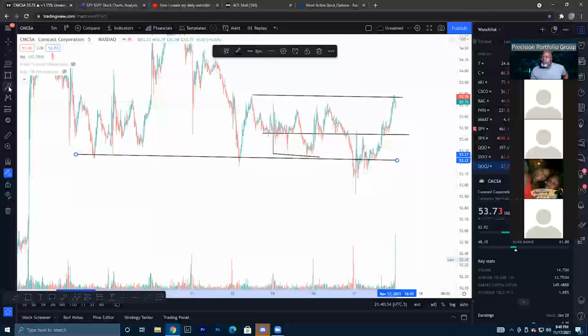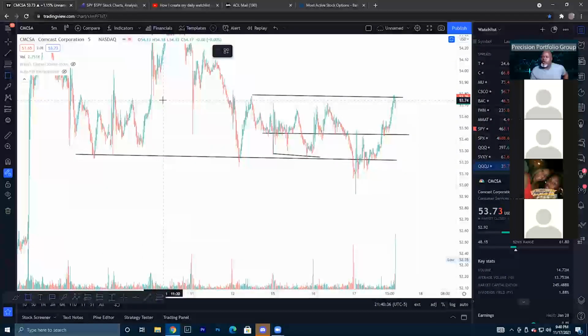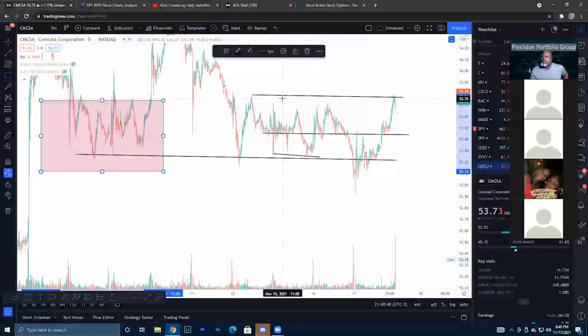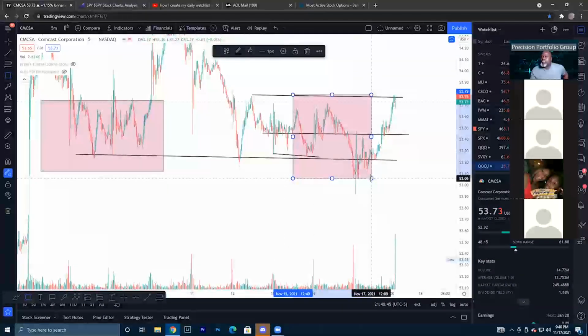Let me show you something. This is what I call a triple bottom and a triple top. This is a triple bottom. When you see a triple bottom, you know for a fact your indication is that the price is going to continue and go up.